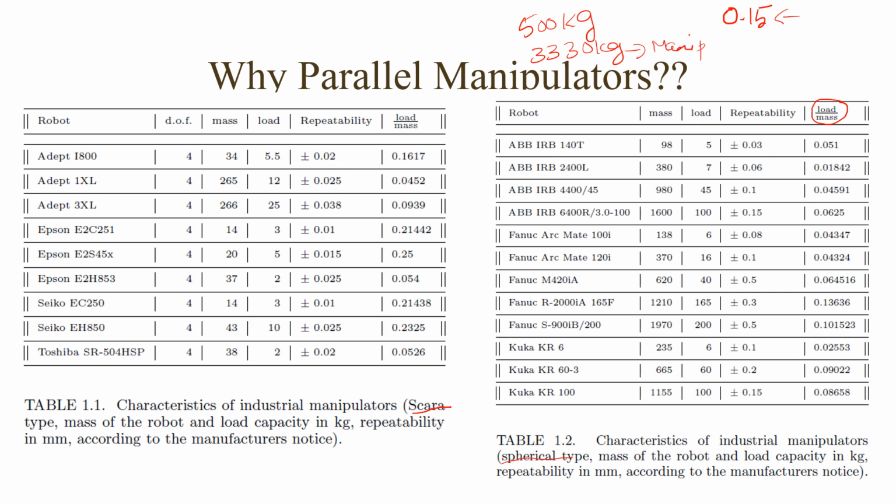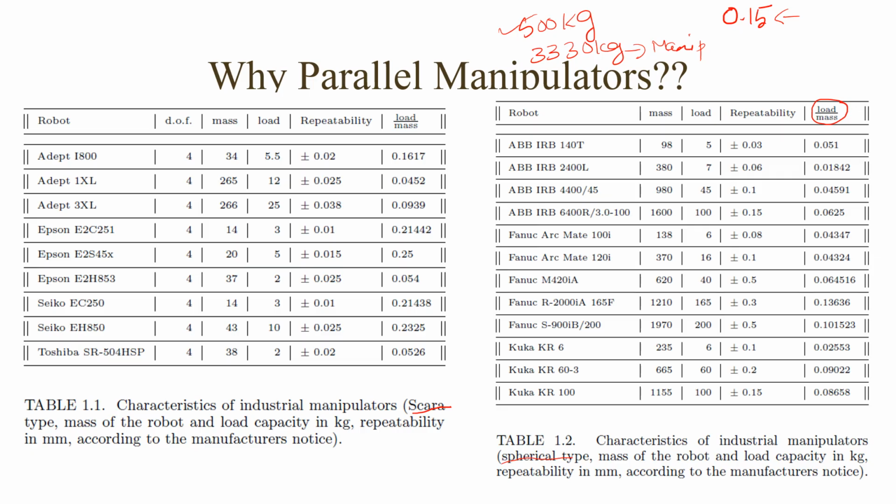So when you say the load to mass ratio is 0.15, it means that for a payload of 500 kilograms, the manipulator mass is 3330 kilograms.